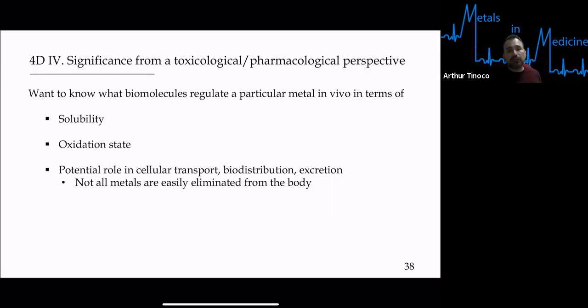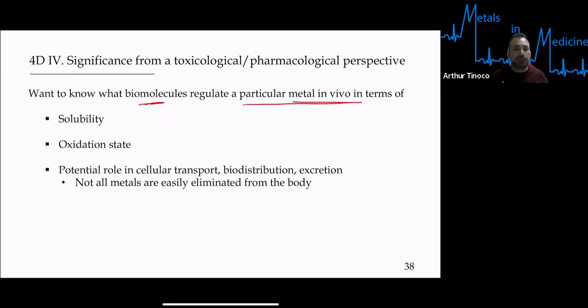But this is actually really important, especially when you're thinking about the design of small compounds as therapeutics, because then you start to think about, well, how stable are they really when you put them in solution? So this is really important in terms of gauging the pharmacokinetics, pharmacodynamics of compounds, but also thinking about their fate, their metabolic fate. So a number of things that we're really interested in knowing about biomolecules in terms of how they regulate the particular metal in vivo.